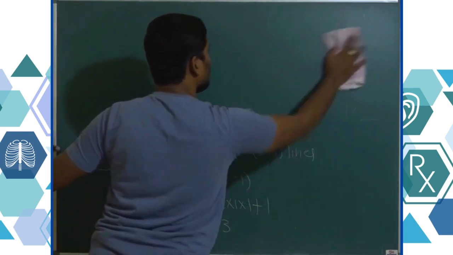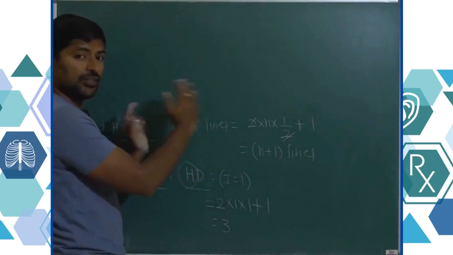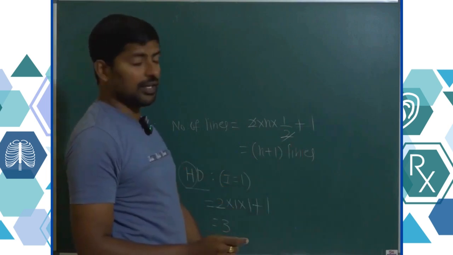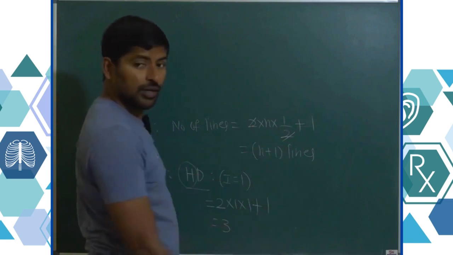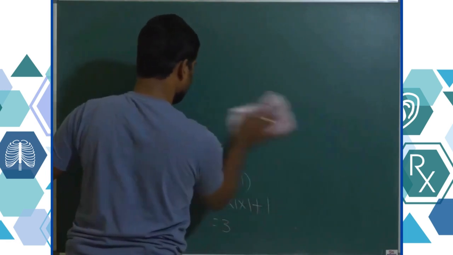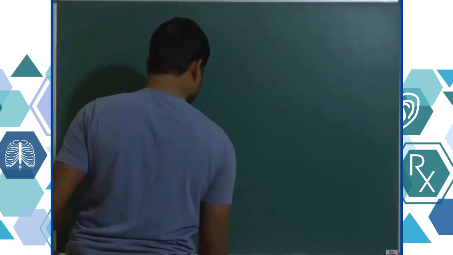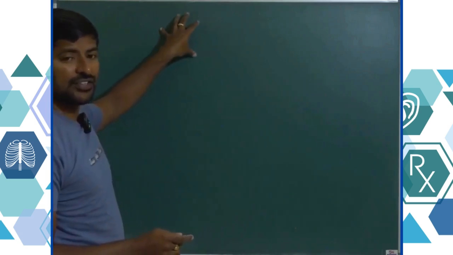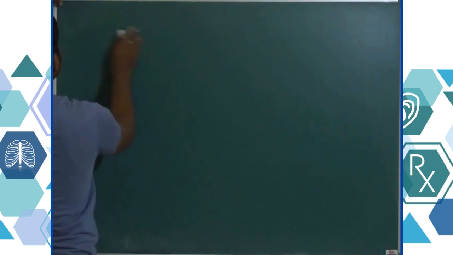So if you consider only the coupling of protons with protons, the number of lines obtained is n plus 1, since for a proton the I value is 1/2 and the 2 gets cancelled. We can give the intensity of the multiplet based on Pascal's triangle.